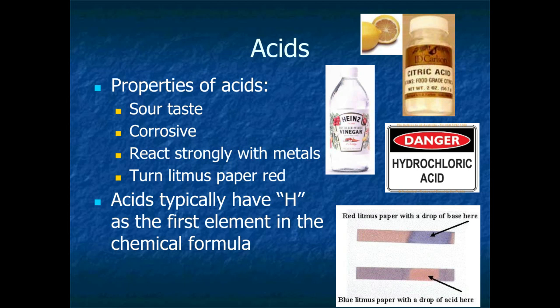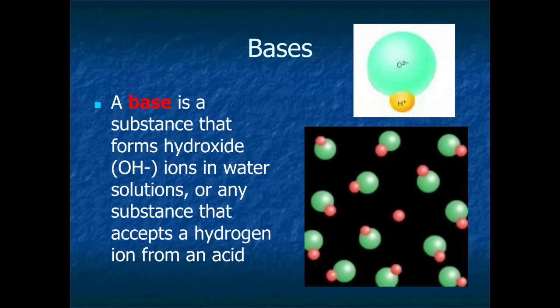And most of the time at least, acids will start with H for hydrogen as the first element in the chemical formula, because they have to have a hydrogen in them to give off a hydrogen ion in water. Another example here, hydrochloric acid, that's actually a pretty corrosive, pretty reactive acid. So that's why it's got the danger sign next to it.